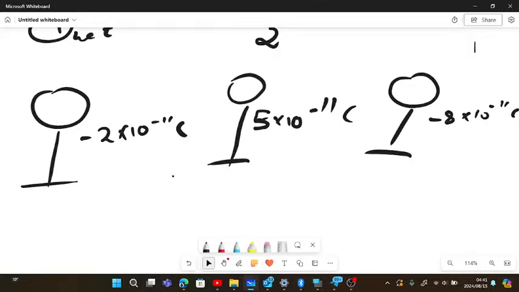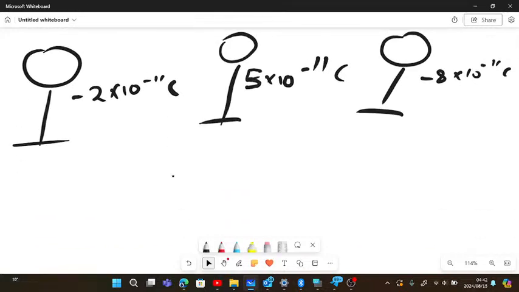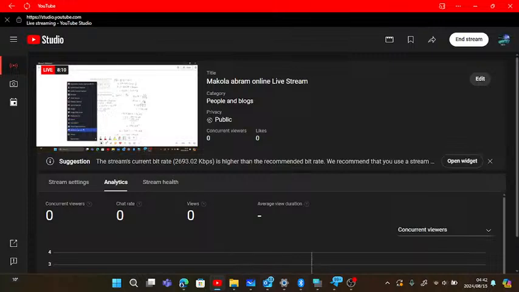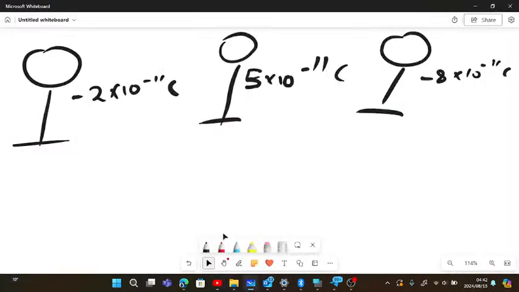These spheres are brought into contact and then separated, and we want to know what is going to be the charge on each sphere. So these are three different spheres, and they undergo separation of charge.